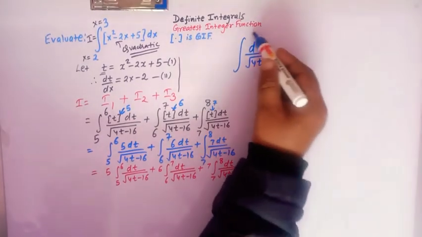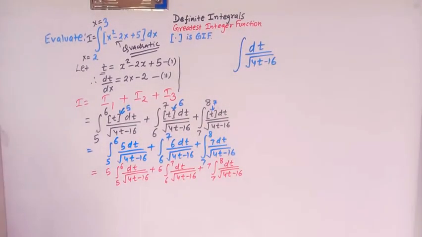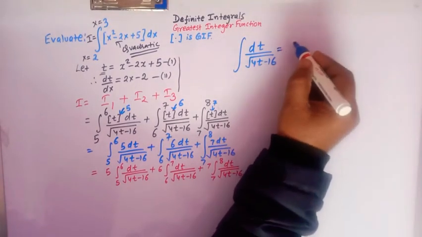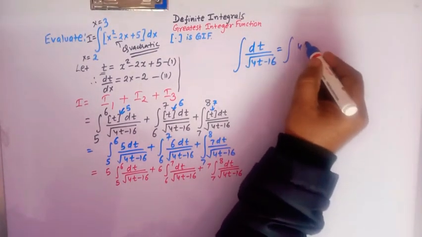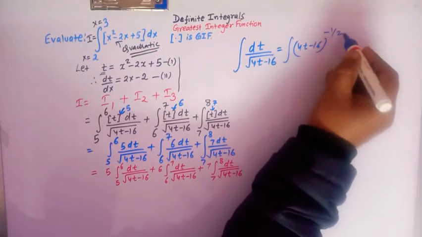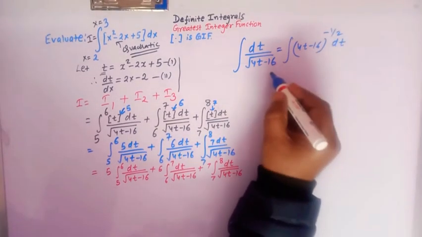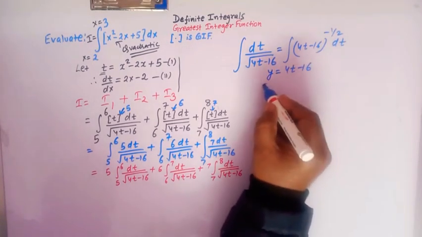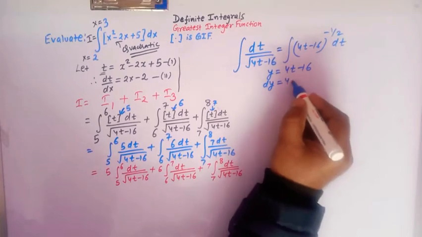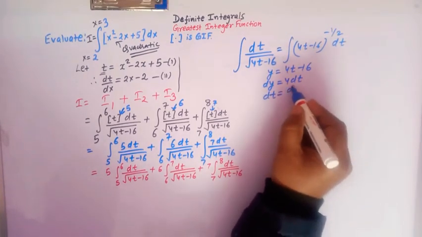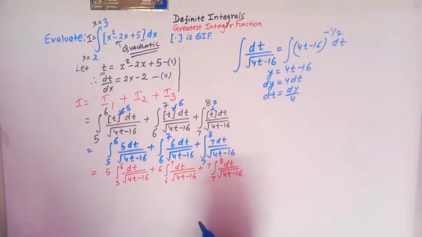So we'll first calculate the indefinite integral of dt over square root of 4t minus 16, and this can be written as 4t minus 16 raised to minus half dt, right? So let us put y is equal to 4t minus 16, so dy is equal to 4 dt, and dt is equal to dy over 4, right?